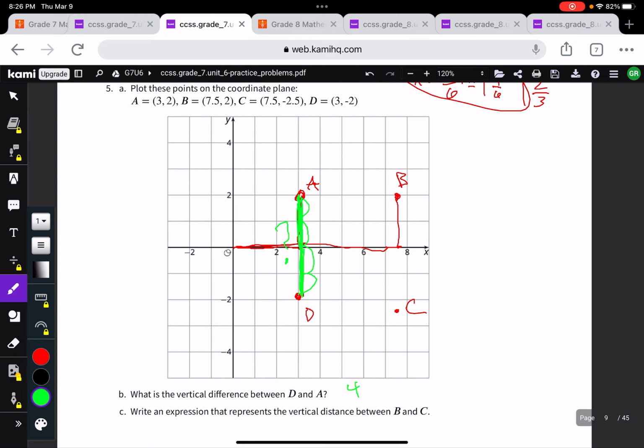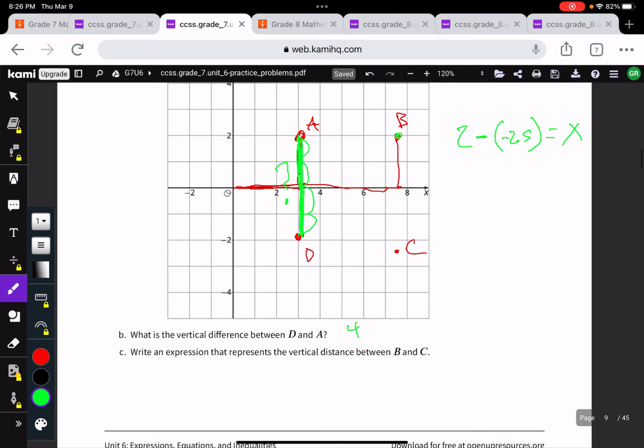It's kind of like saying here's B. The vertical distance is 2. And to find the difference means subtracting, and C is a negative 2.5. We'll call it X. That's the distance. So that's an expression. It doesn't say to solve it.